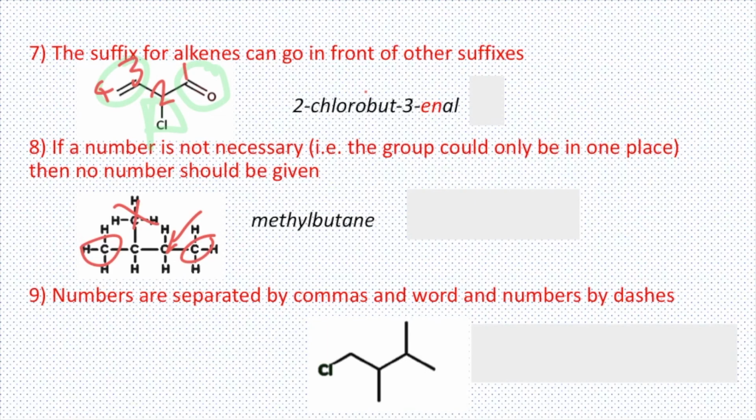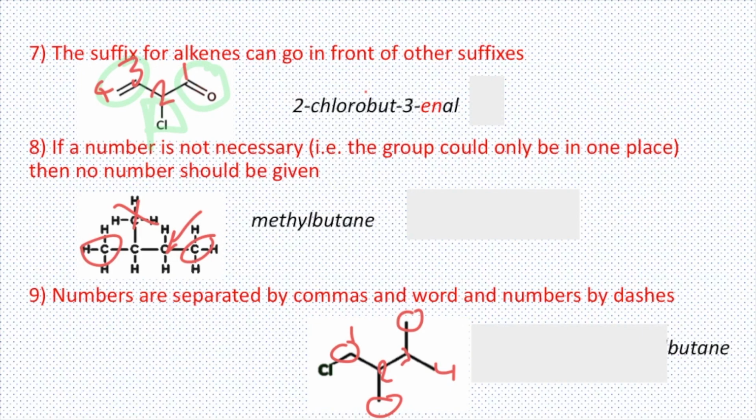It's just methylbutane. And finally, if we have numbers in the name, they're separated by commas, and words and numbers are separated by dashes. So for this molecule, we've got 2 methyl groups coming off. So we've got a methyl group there, a methyl group there, and a chloro group there. My carbon chain has 1, 2, 3, 4 carbons in it. So we're looking at it being butane.